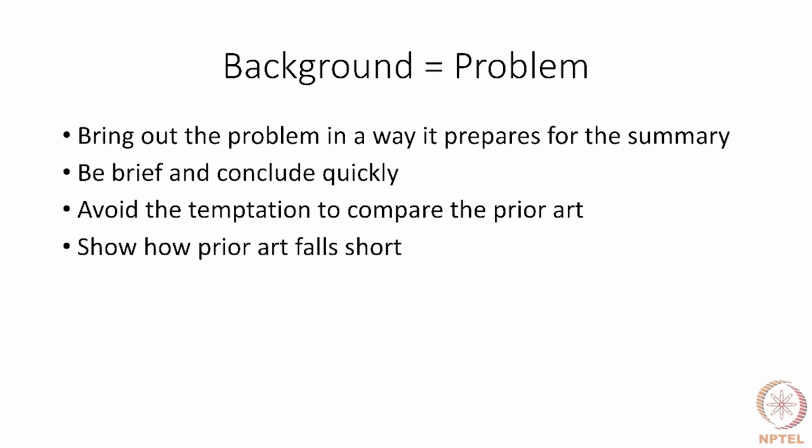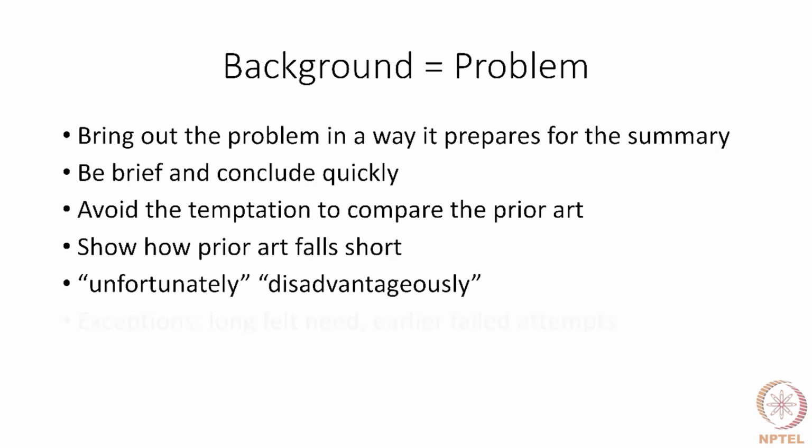Now, you can show how the prior art falls short while describing the problem. This is normally done by using words like unfortunately, disadvantageously. So when you read the background portion, if you find these words, you will know that, okay, this is where they are describing the problem.